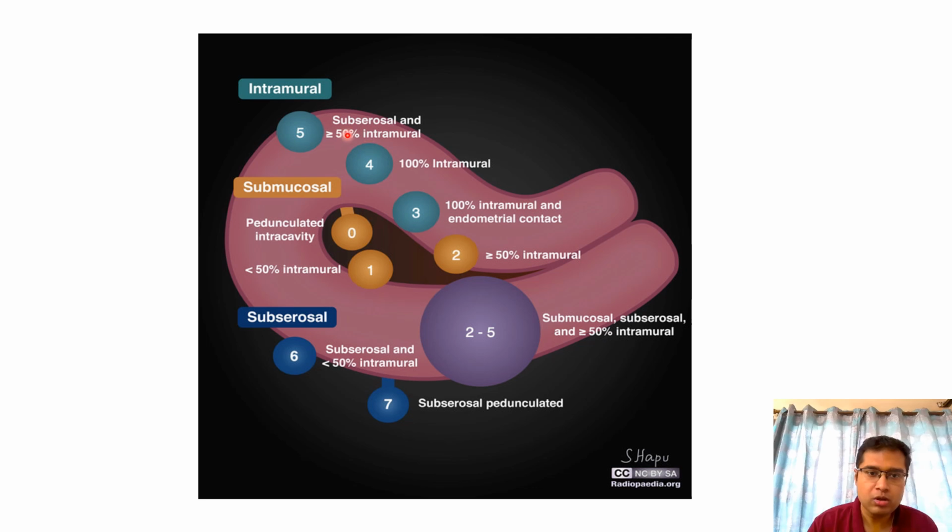Type 5 is subserosal with more than or equal to 50% intramural component. Pedunculated subcavity fibroid is labeled as FIGO type 0, while type 6 is subserosal with less than 50% intramural component, and subserosal pedunculated is given as FIGO type 7.